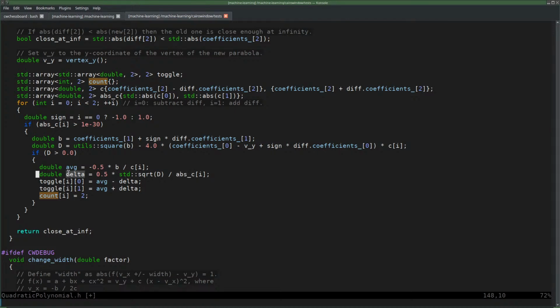Because delta is positive, this one is the smaller solution and that one is the larger solution. And then we store for I is 0, there was a subtraction, so it's the diff being subtracted. We store that in here, and otherwise store it in index 1.